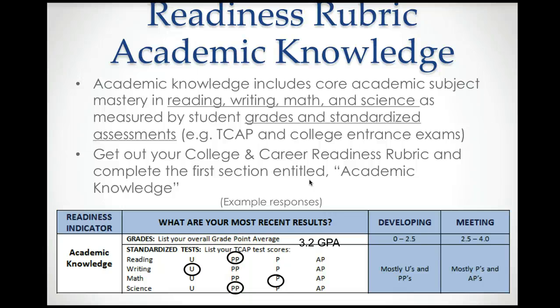And once you know your GPA, what you want to do then is think about your TCAP test scores. Think about your ACTs. That could be another one you could fill this out with. And then what you want to do is circle how you rate in those categories, right? In reading and writing and math and science.